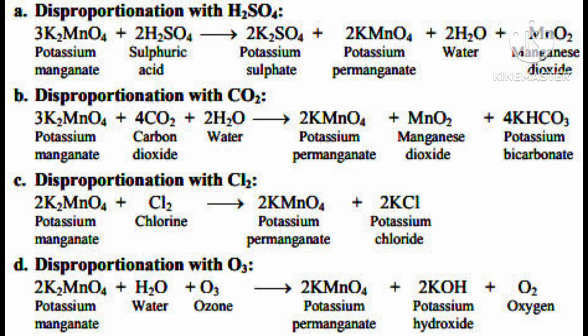Again it gives two products, 2Mn2+, which is common in every reaction, and now nitrite 5NO2- is converting into 5NO3- plus 3H2O. These reactions I have told you are all very important. This reaction takes place in acid medium.